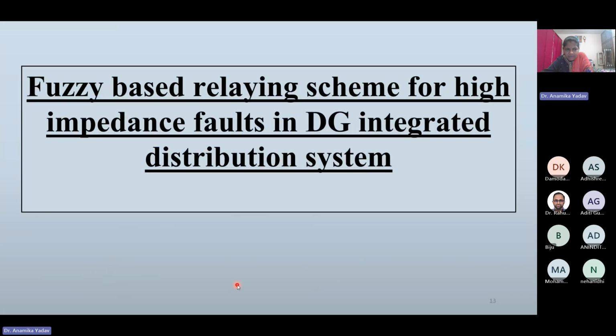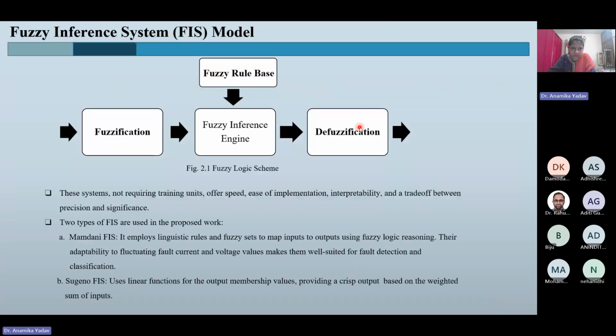So I will start with the first AI based scheme, that is the fuzzy logic based scheme, wherein high impedance fault detection in DG integrated distribution system will be discussed. So what is fuzzy logic? Fuzzy logic is basically logic which is in between true and false. There is a partial truth that exists.